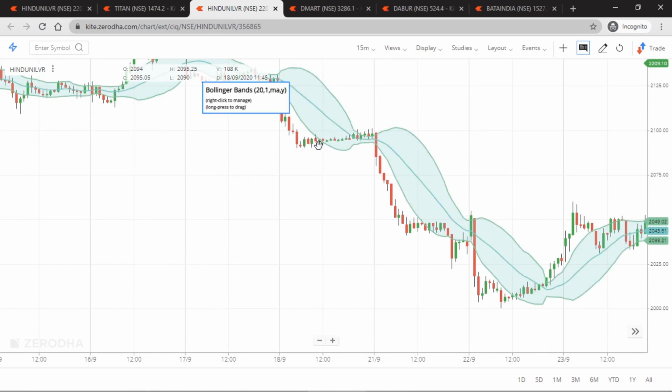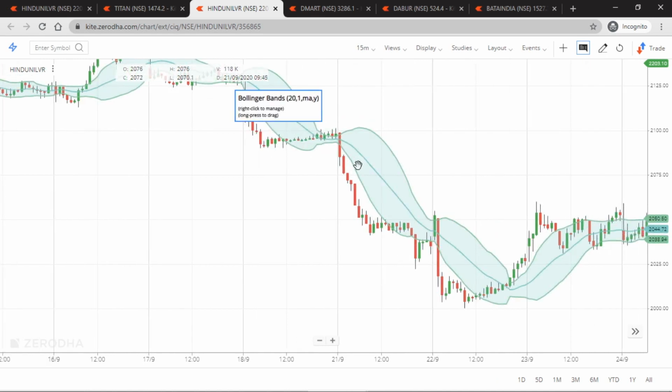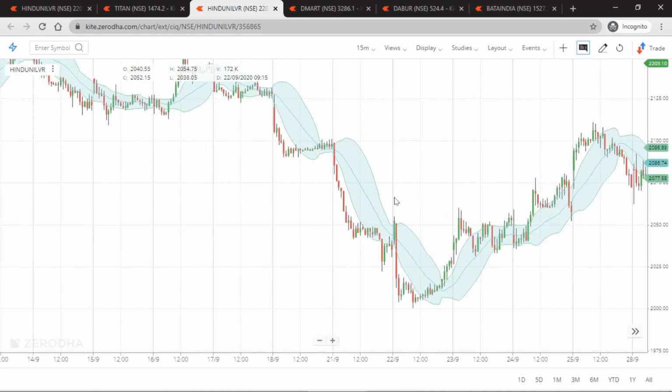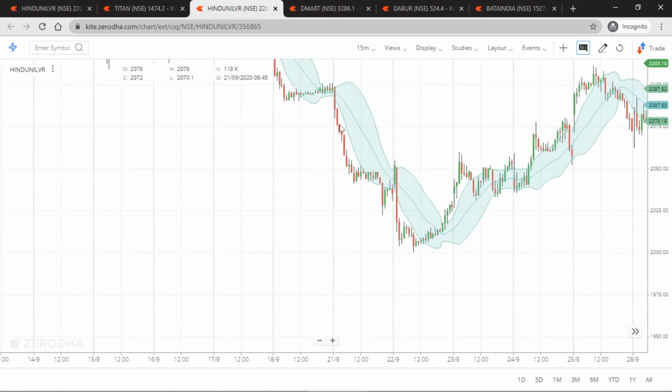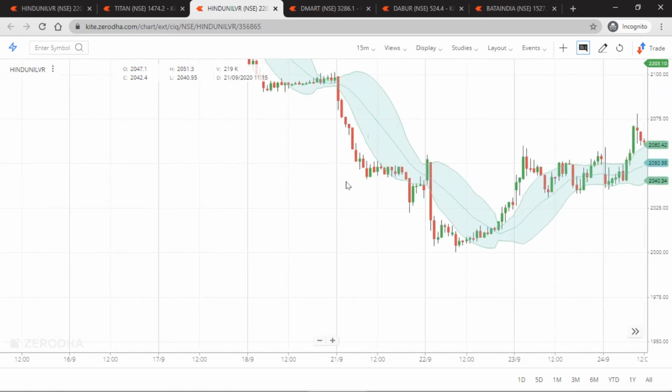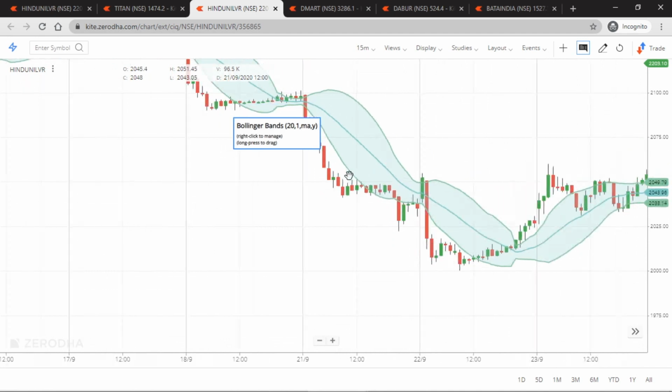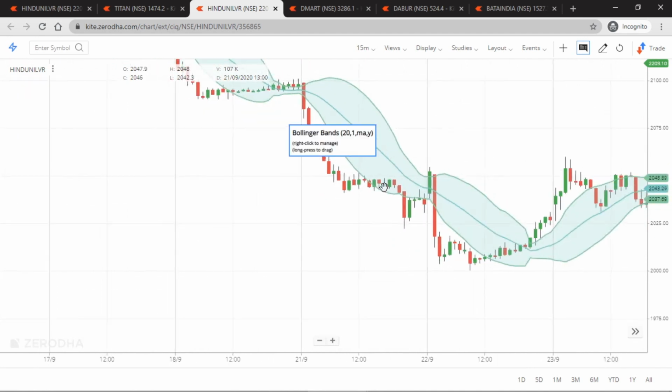Here it starts closing inside the band again, and here the bands contracted, and this candle closed below the lower standard deviation band, and it was a breakout here, and a continuing downtrend then. So if you are short selling the stock, it is a good opportunity from here to here for you. And again here it starts closing inside the band.